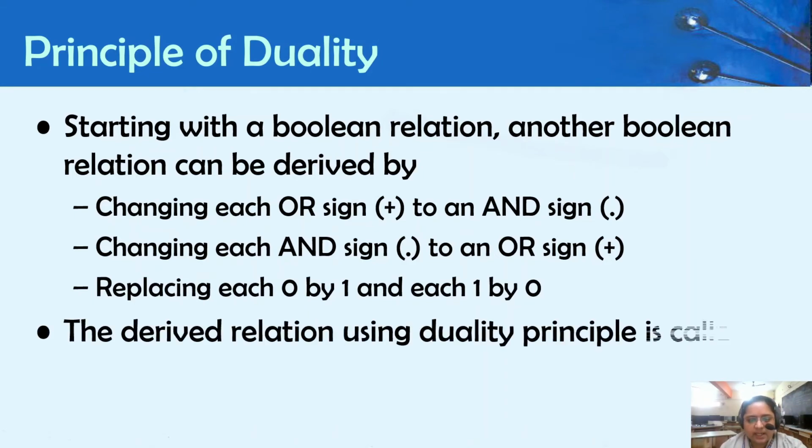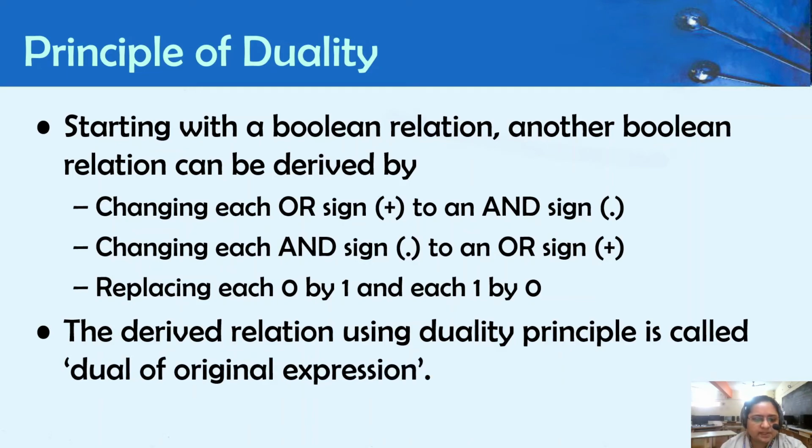The derived relation using duality principle is called dual of original expression. So in Boolean algebra, every expression which you see, from this we can derive another equivalent Boolean relation just with opposite signs.